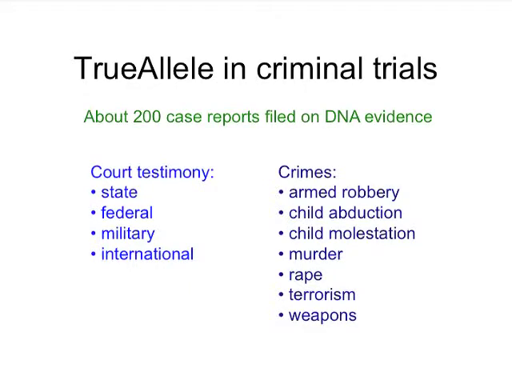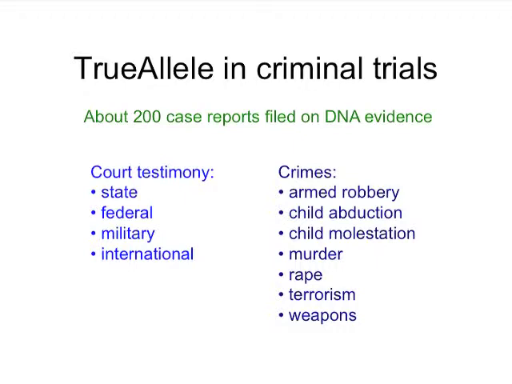TrueAllele has been used in criminal trials. There have been about 200 case reports filed on DNA evidence in the United States, in federal court, state court, in court martials, as well as international courts in the UK as well as in Commonwealth countries. And the crimes tend to be fairly serious: armed robbery, child abduction, child molestation.